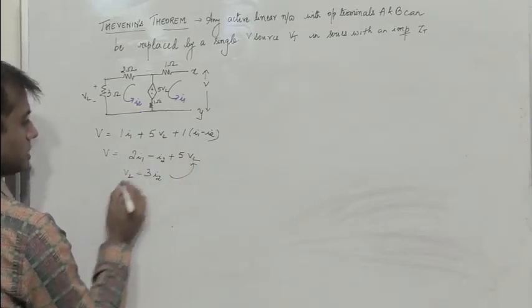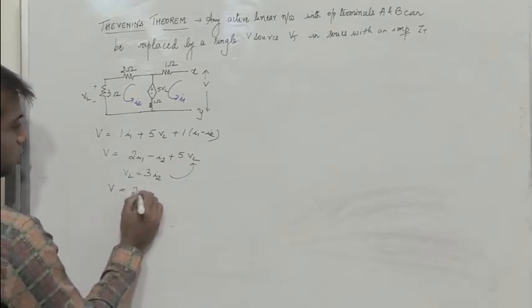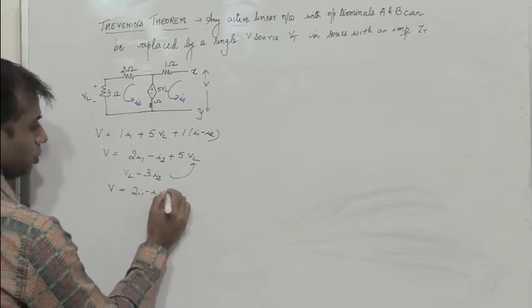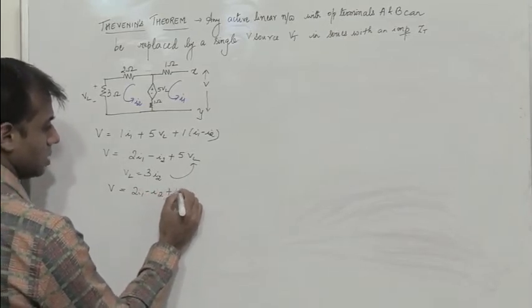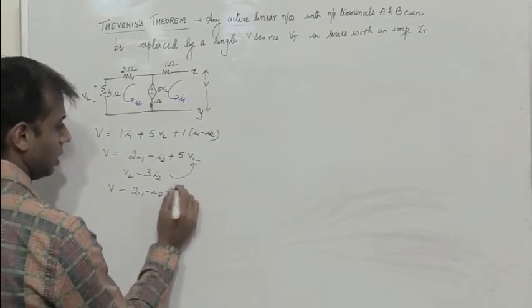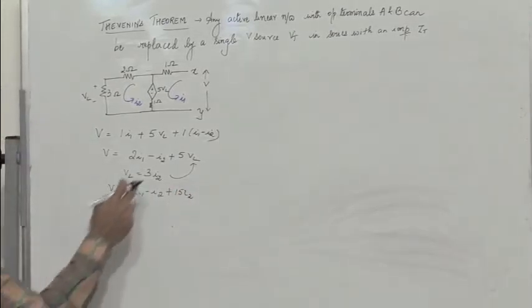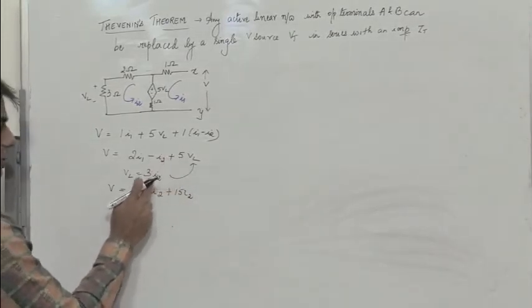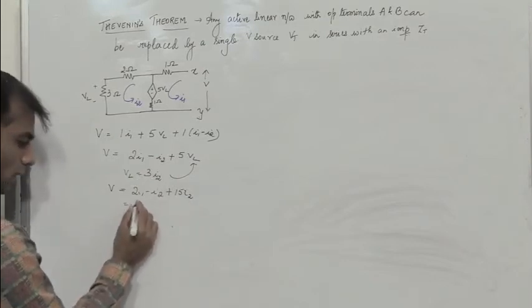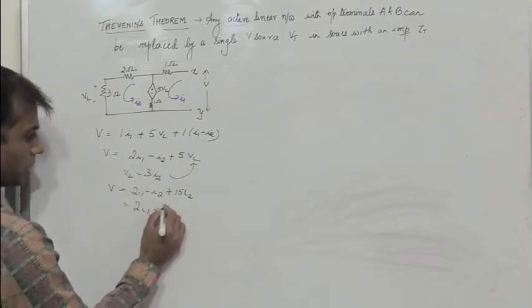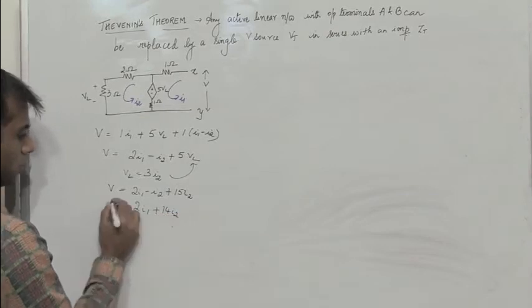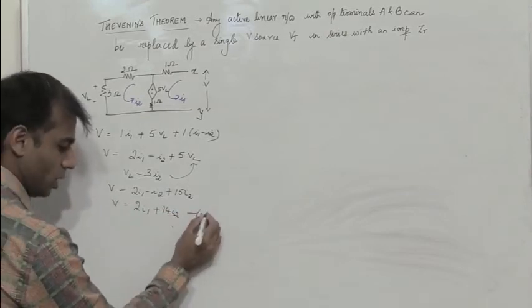So substituting this here, we get V equals 2I1 minus I2 plus 15 into I2, right? So VL is 3I2, so 5 into 3 is 15I2. So I get 2I1 plus 14I2. So let me call this equation 1.